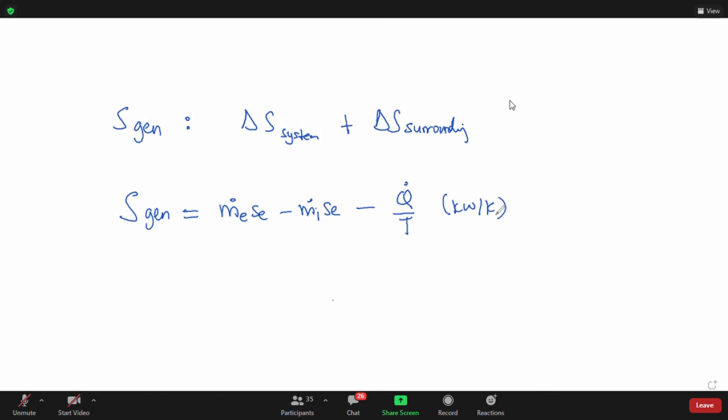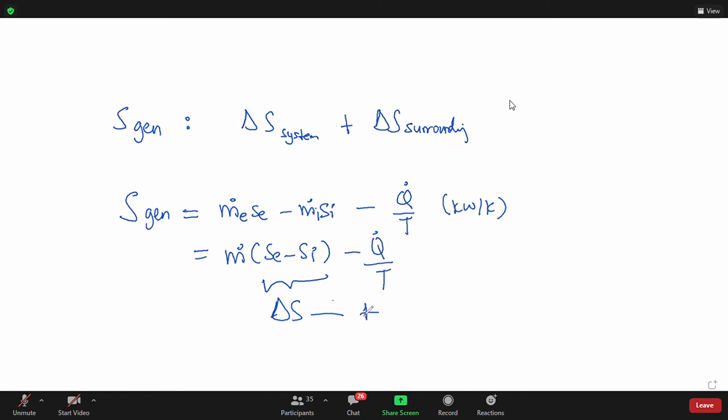This is the exercise that we did earlier. Again, here, if there is only one in and one out, this is s in. And again, this is delta s.